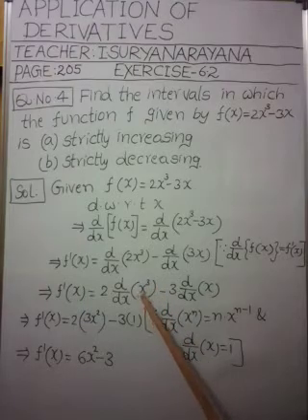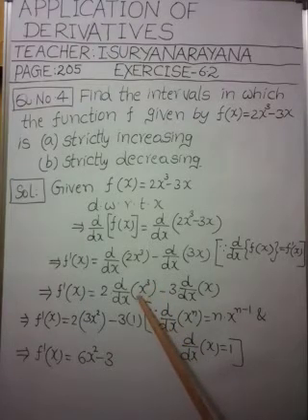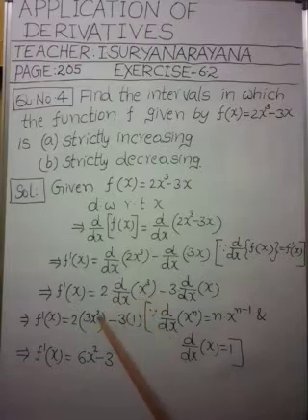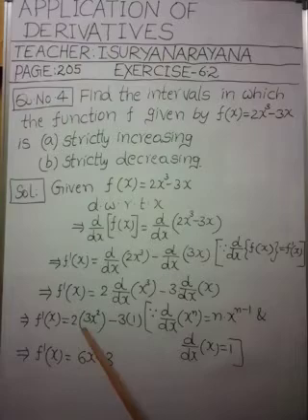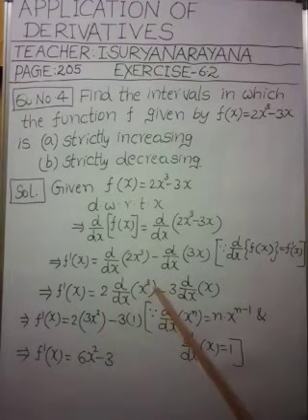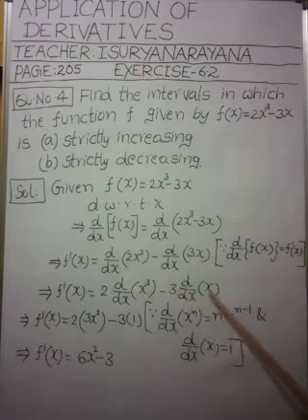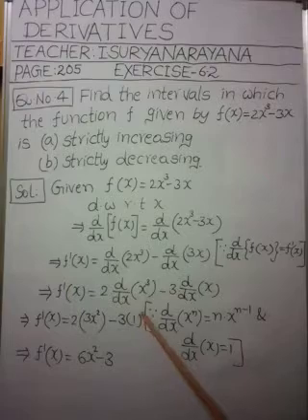Then what is the derivative of this function? 3x square. By using that formula, we get here 3x square. Understood how we got 3x square? Right. Minus 3 into d by dx of x. What is the value of d by dx of x? Right, 1 only.